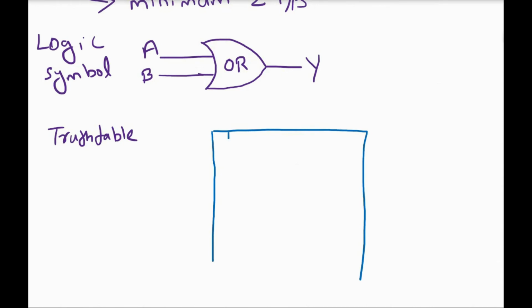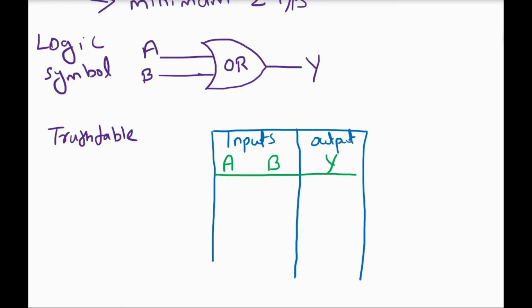We have 2 inputs A, B, and output is Y. The combinations of inputs A and B are 0 0, 0 1, 1 0, and 1 1.